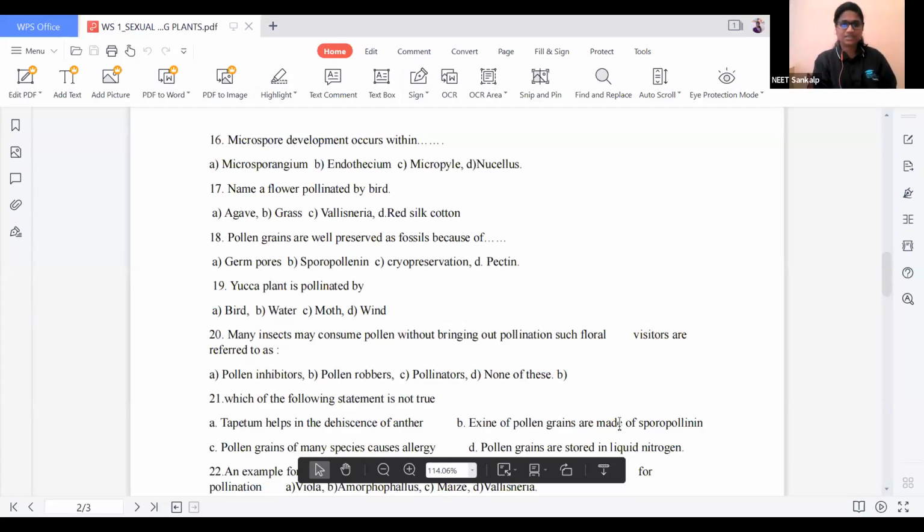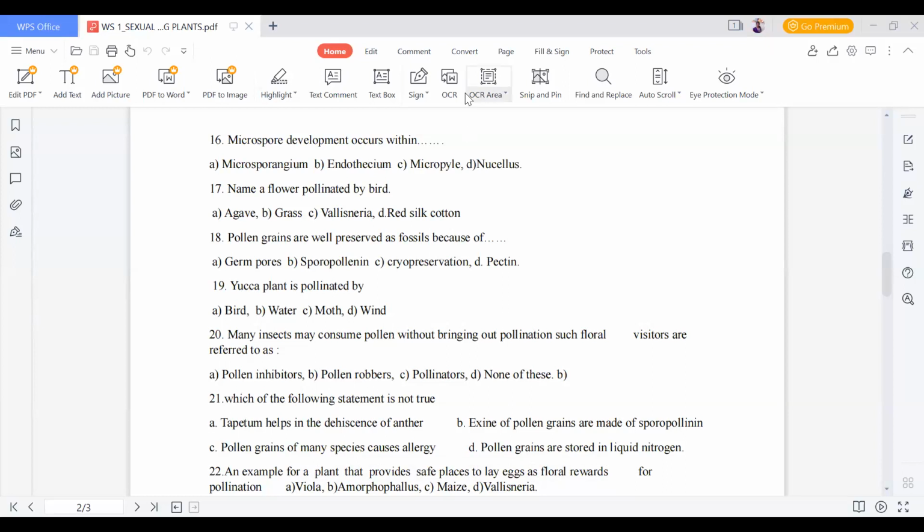Now let us solve a few more questions. Okay, 21st. Which of the following statements is not true? Tapetum helps in dehiscence of anther. Exine of pollen grain is made up of sporopollenin. Pollen grains of many species cause allergy. Pollen grains are stored in liquid nitrogen.